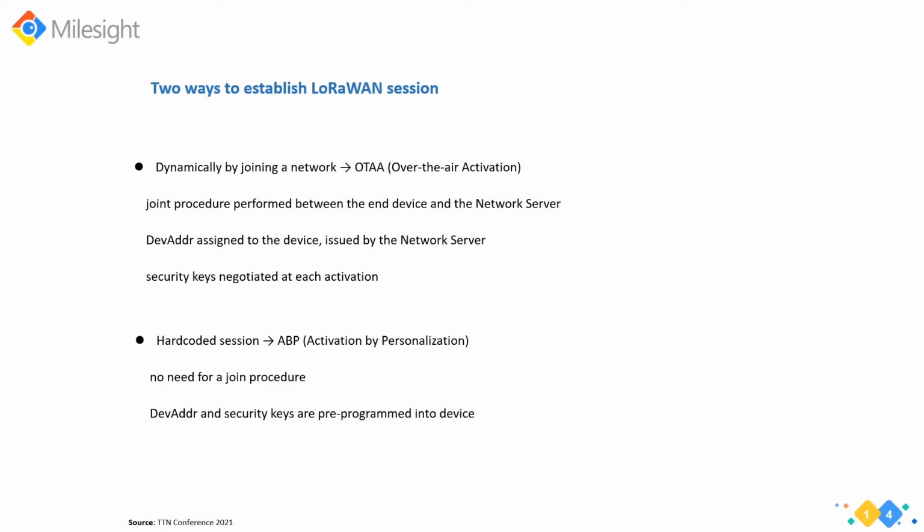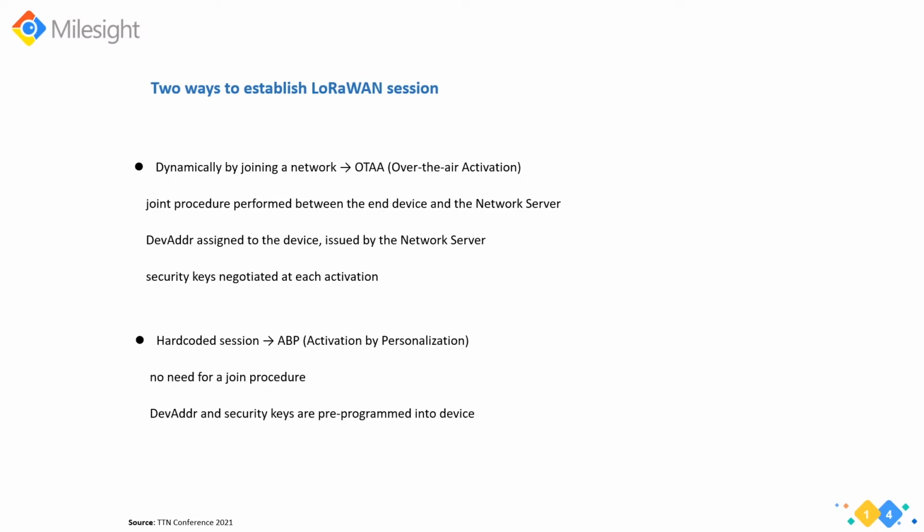Another way is the hard-coded session. We call it ABP, activation by personalization. There's no join procedure as in OTAA, because the end device is pre-programmed with the device address and the session keys, the network session key and application session key. So when the end device is powered on, it will join a network automatically.